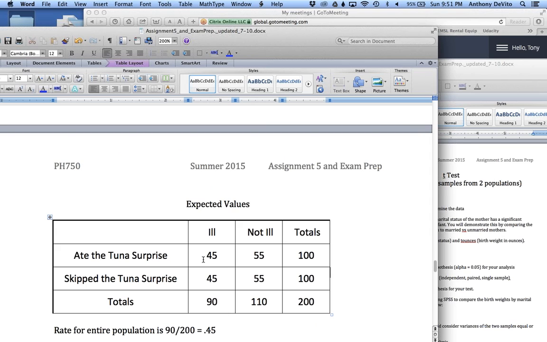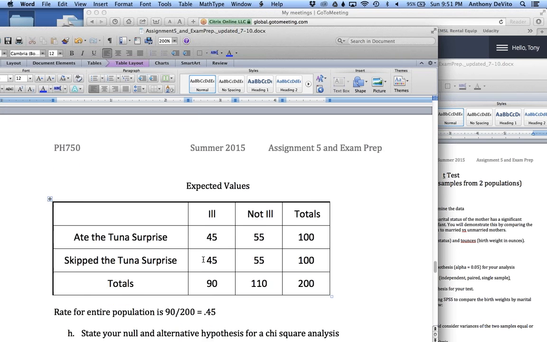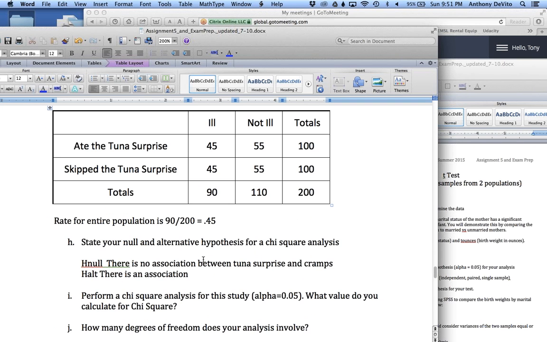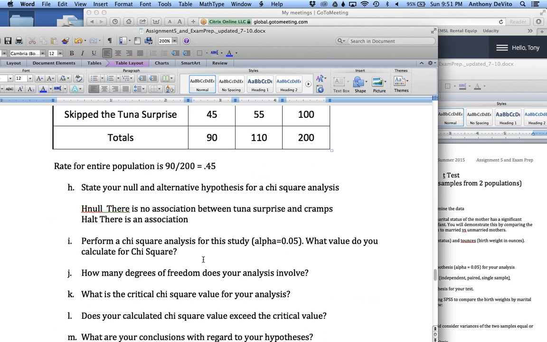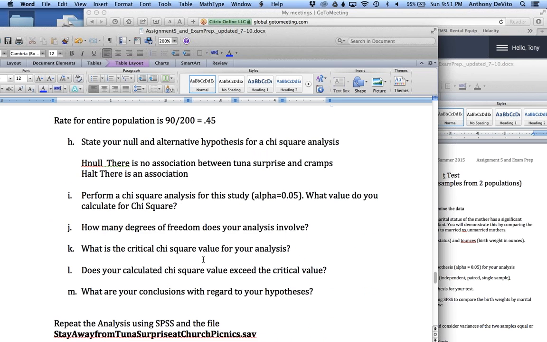It makes it a more conservative estimate of the chi-square value. In real life, you will use the continuity correction mostly if you're going to actually publish the information. But for our purposes, rather than complicate the calculation, I'm going to say that we don't need to use it. Okay, so that's really what that Yates or continuity correction is all about.